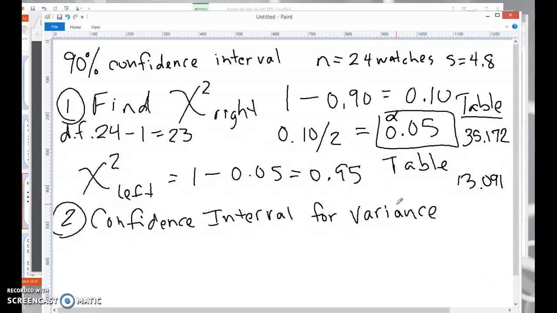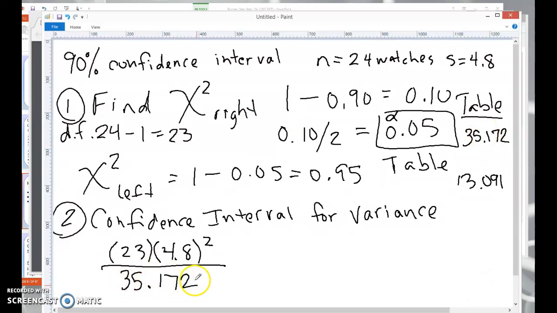All right, so that's our degree of freedom times our sample standard deviation, squared, divided by chi-squared right. So that's that 35.172.